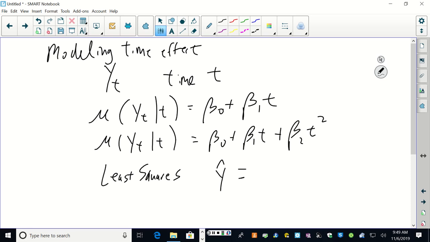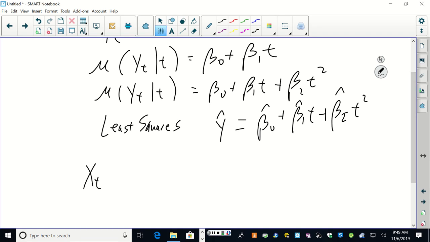And fitting least squares, we can use our lm commands. We can do analysis of variance. We can look at diagnostics to see if that seems to be the pattern. And say for the second model here, we're going to get estimates like that. Alternatively, we might have a variable other than time that we think is possibly more related to the y's. Time could still be a factor.